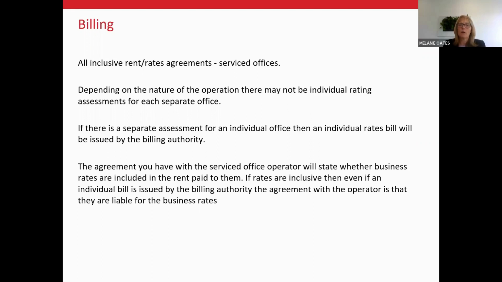If rates are inclusive, then even if an individual bill is sent out to you, if the agreement with the operator is that they are liable for the business rates, then they would be responsible for paying that individual bill. So always check what your arrangement is with the provider if you're in a situation where there's an inclusive rent and rates agreement.